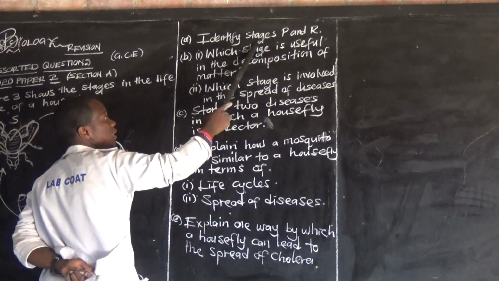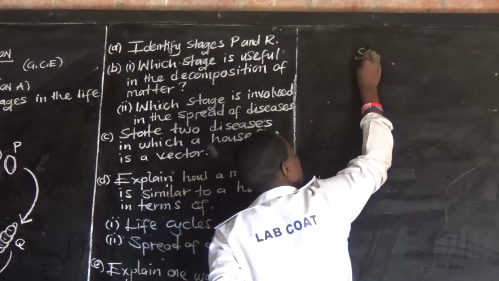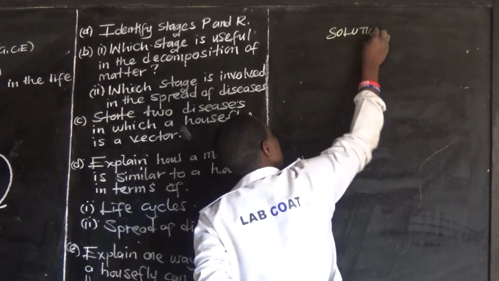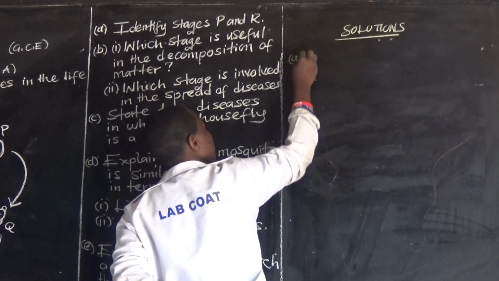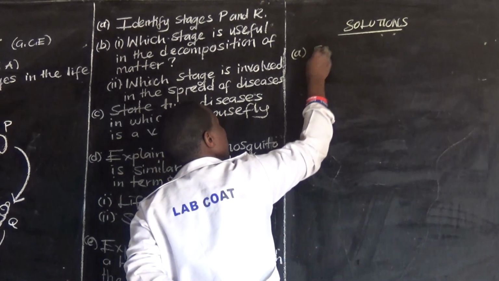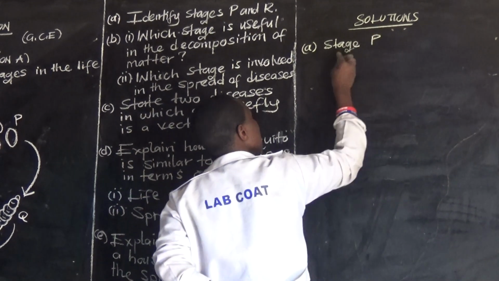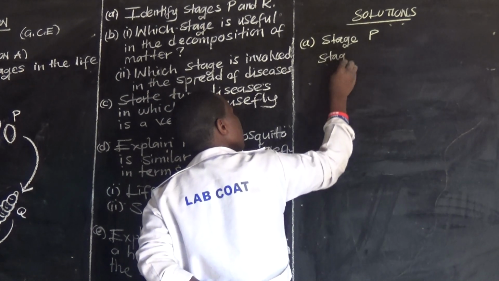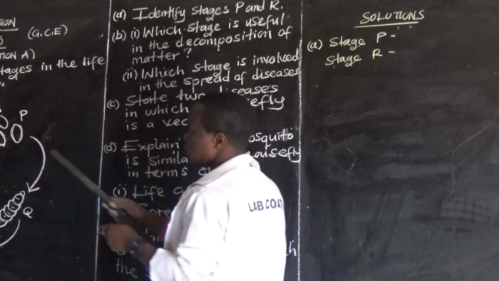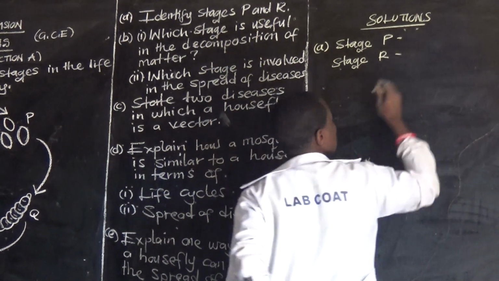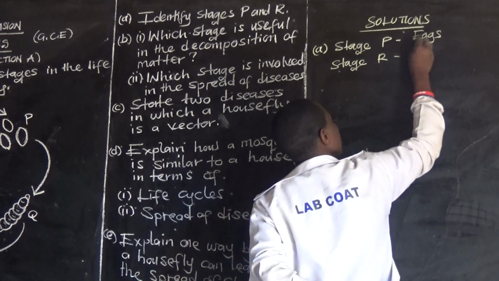Identify the stages P and R. So they want us to identify stage P and stage R. P is our eggs.